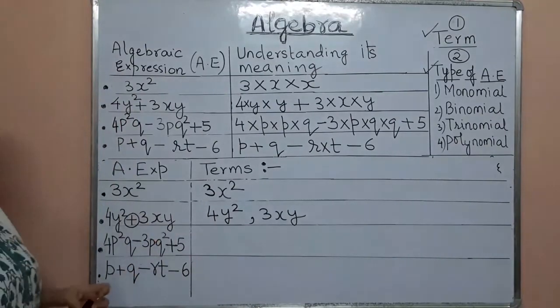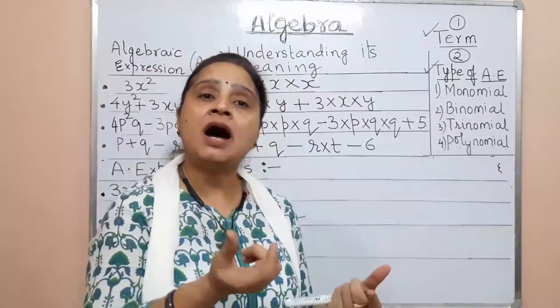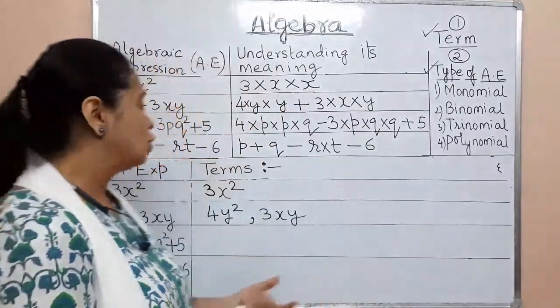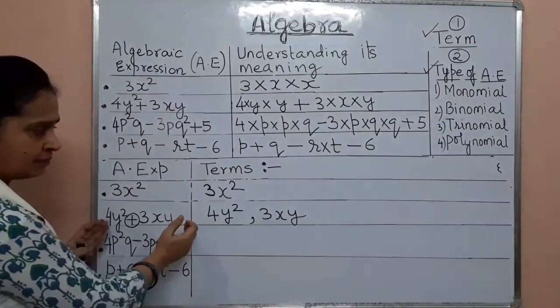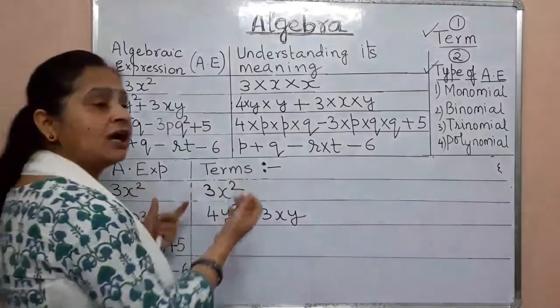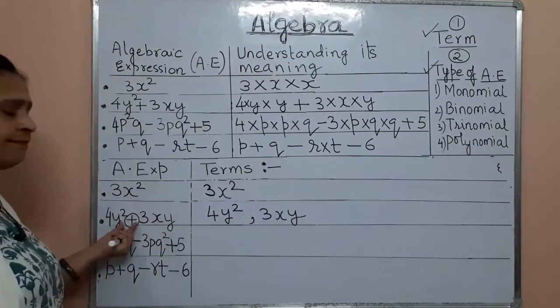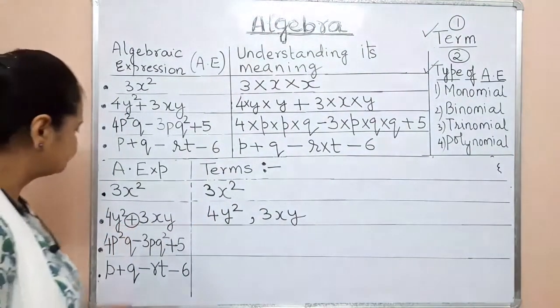This we have to understand: small algebraic expressions are connected with a plus sign to form a bigger algebraic expression, and for that bigger algebraic expression, the terms are these two, because they are separated by a plus sign.